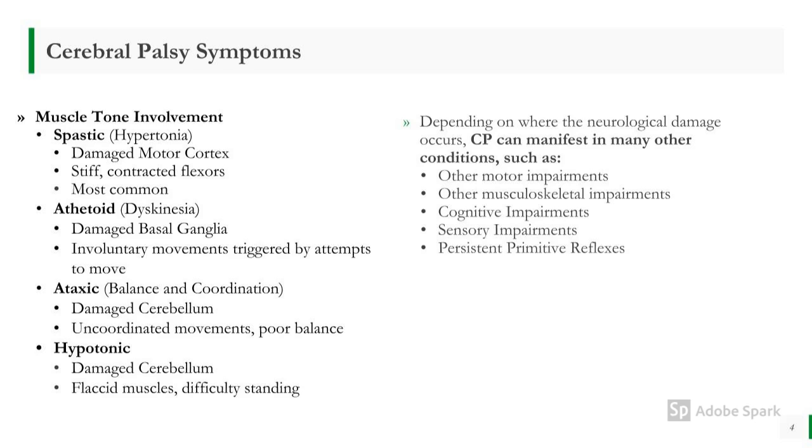So a person with CP could also have cognitive impairments and sensory impairments, depending on where the actual injury occurred. That being said, it is a prerequisite for a CP diagnosis that the lesion occur in a motor control area, such as the motor cortex, basal ganglia, or the cerebellum, because one of the three requirements for CP is the effect on movement of the body.